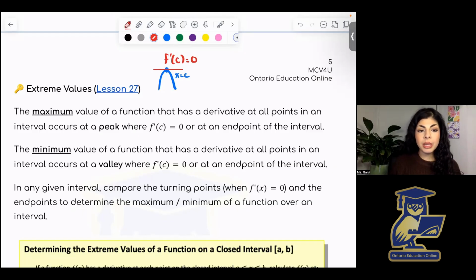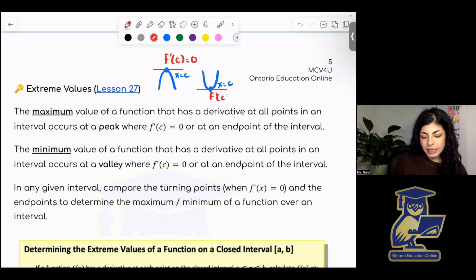Now, similarly, the minimum could be the lowest point, so a valley, and we could have this point x equals c. Again, similar to the one before, f prime of c here is 0 because we have that turning point or change of direction, but our curve is upwards now instead of downwards like the other one.